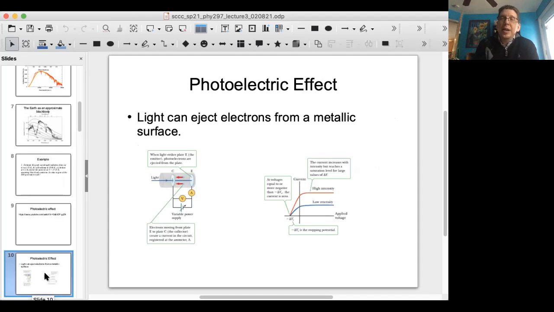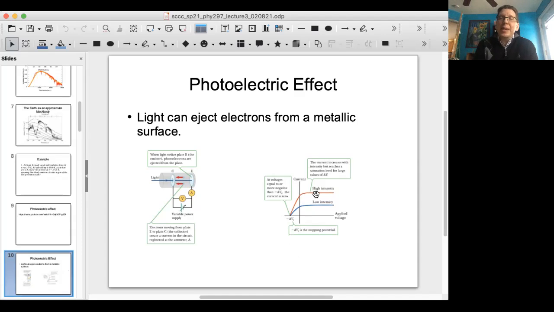But you can stop the current if you expose the ejected electrons to a potential difference working in the opposite direction. That's called the stopping potential. But if you increase the potential difference beyond that, then you start to see a current, and the current increases up to a point.